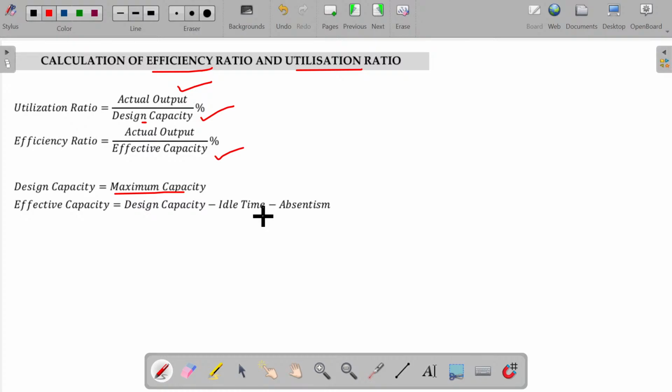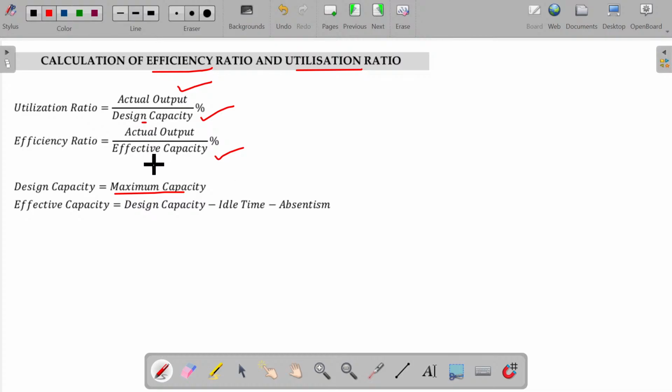In a bike or car, the speedometer goes up to 200 kilometers, but naturally you cannot go beyond 80 or 100, it is not safe. So the design capacity is the maximum capable, but of course we cannot reach the maximum. Out of the maximum capable, how much you can reach is called utilization ratio. Out of 24 hours, if you are able to work only 8 hours, that means 8 by 24, which is 33.33% of your design capacity used.